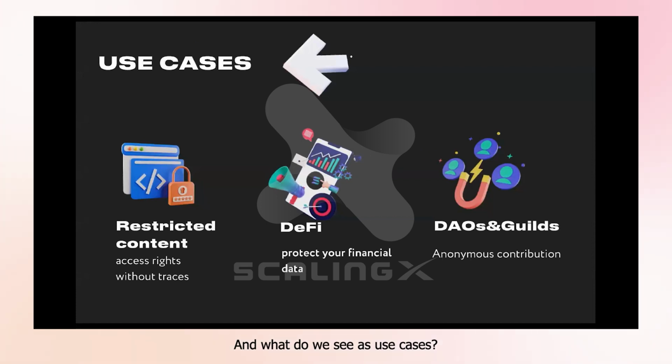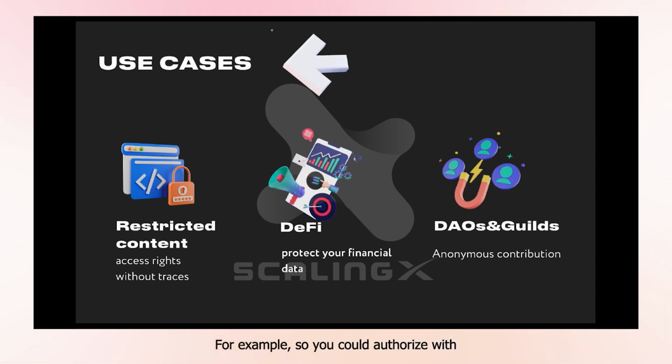And what do we see as use cases? Currently we see several. First of all, the use cases that are regulatory based, when you have sensitive information. For example, you've passed KYC for some DeFi service and you want to keep your specific identity private when you interact with the service, but you just want to prove that you have passed KYC, or you have been approved by the brand, or are eligible for some kind of restricted content.